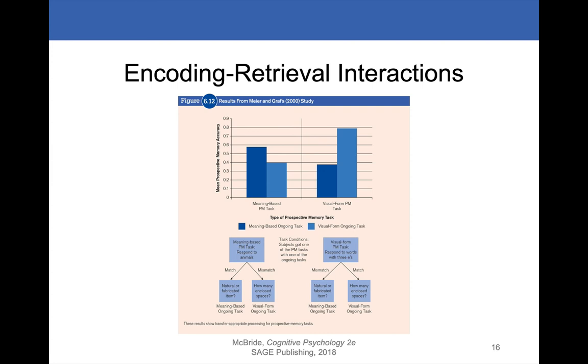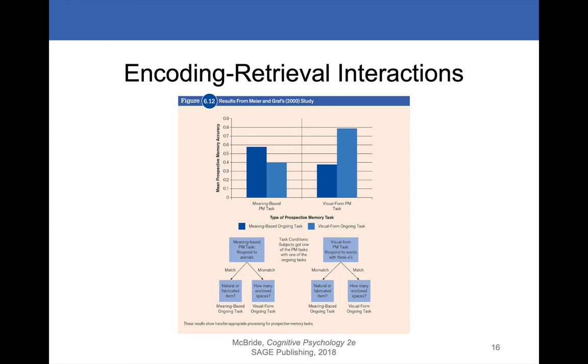So if I gave you the meaning-based task of responding to animals, and then gave you another ongoing meaning-based task asking whether something is natural or fabricated, you're going to do a lot better in recall of those items, or in performance on those tasks, than if I gave you a meaning-based task and then a visual form ongoing task.